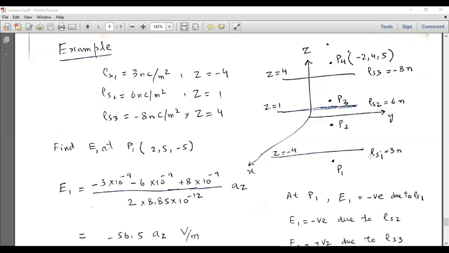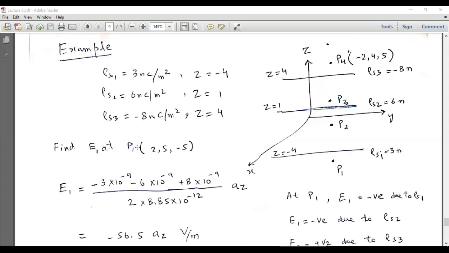The second is 6 nanocoulomb per meter square, located at z is equal to 1. The third is placed at z is equal to 4, another plane, and the charge density is minus 8 nanocoulomb per meter square.